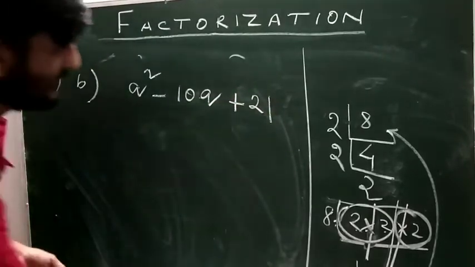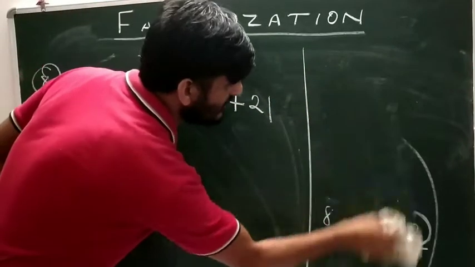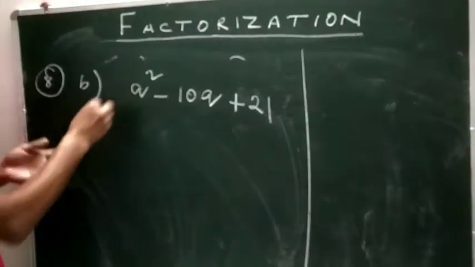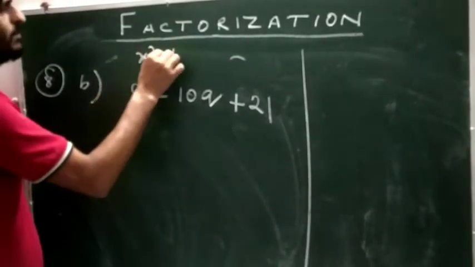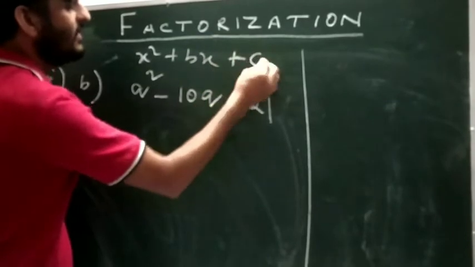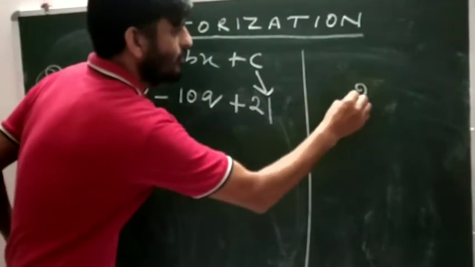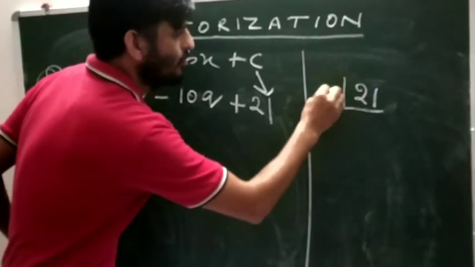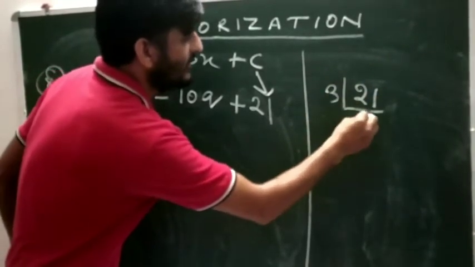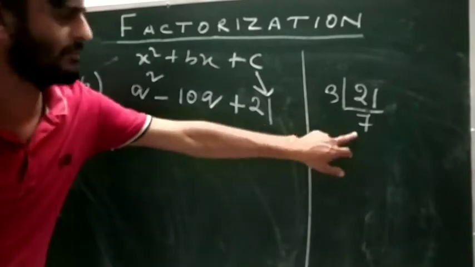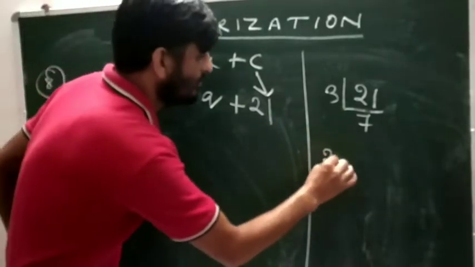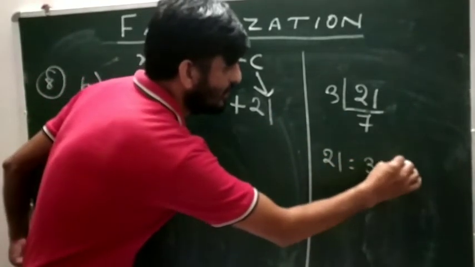That means, see, what is c here? In the algebraic expression x square plus bx plus c, c is 21. So let us prime factorize this 21. 2 is not divisible, 3 7s are 21. Yes, 7 is a prime number, we cannot go further than 7. 21 results in 3 into 7.